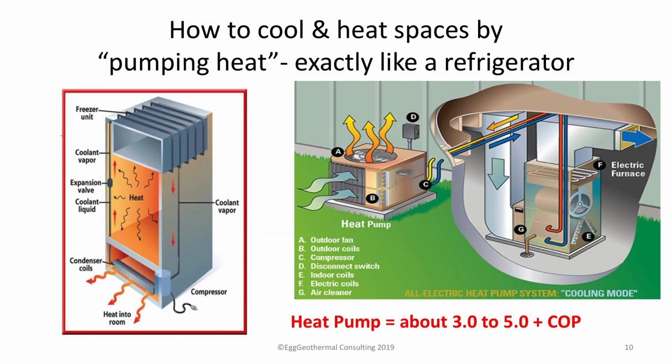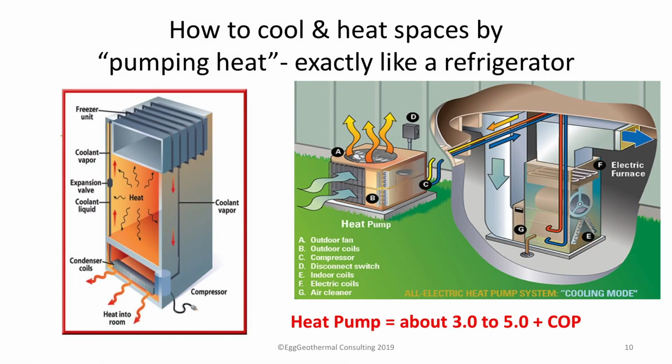Let's talk about your refrigerator in your kitchen. Your refrigerator is a heat pump. It is a device that pumps heat out of the box, creates a 40-degree box in the main refrigerator and a 5-degree freezer up top. It's pumping heat out of the box. It's a heat pump exactly like what we're talking about here.